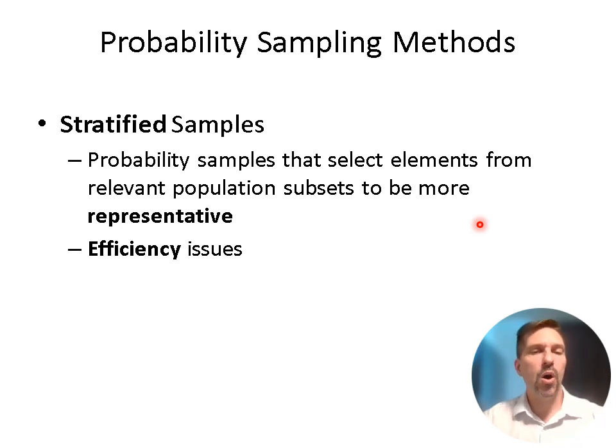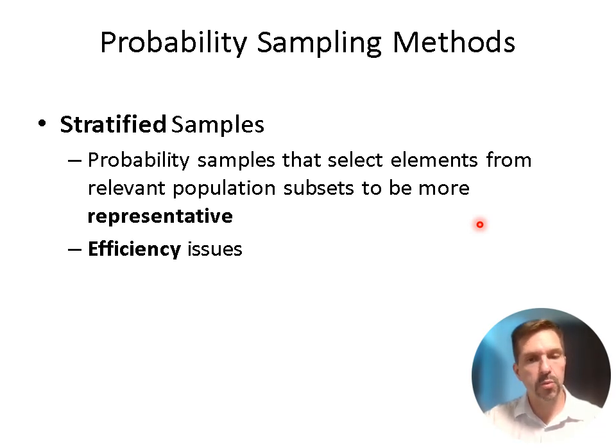Okay. Now, the idea with the strata, it's basically to leverage the relationship or correlation, typically, between the variable that you're interested in measuring and the stratification variable. Okay. So, for example, if large stores tend to have more sales, which probably is reasonable to assume, then drawing from a subset of stores that are large is going to be more efficient than just drawing from the general population of stores.